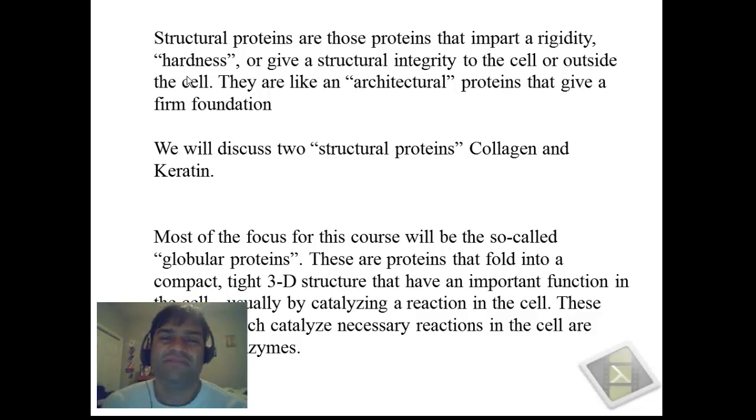So imagine if you're jumping up and down or walking. It tends to require a lot of support. So you can call these structural proteins or support proteins.